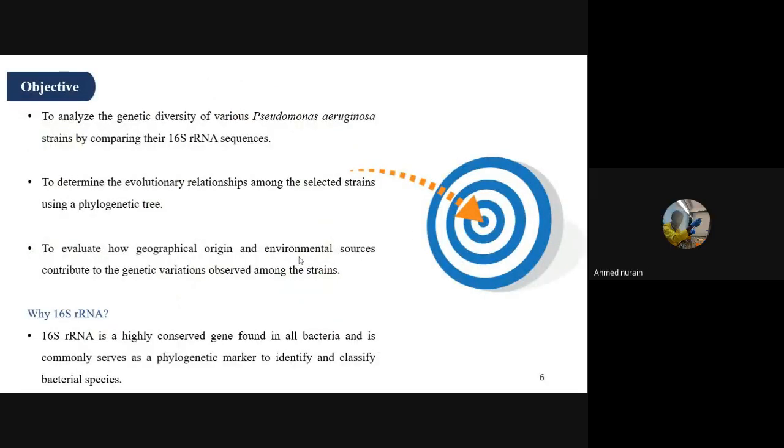So the objectives of the work are to analyze the genetic diversity of selected Pseudomonas aeruginosa strains by comparing their conserved 16S rRNA sequences, and also to determine the evolutionary relationship among these selected strains using a phylogenetic tree. Also to evaluate how geographical origin and environmental sources of these strains contribute to the genetic variation.